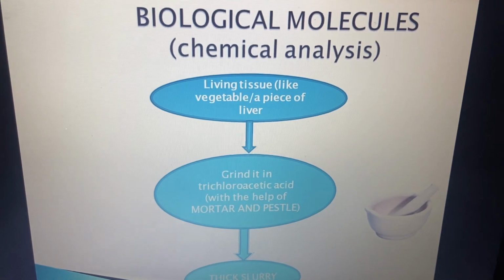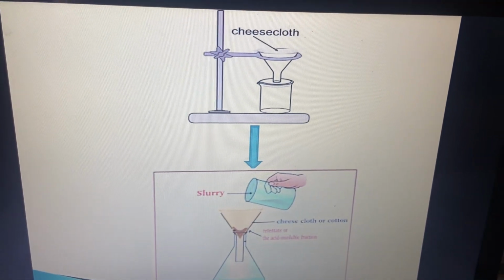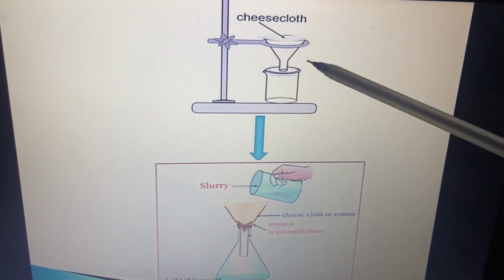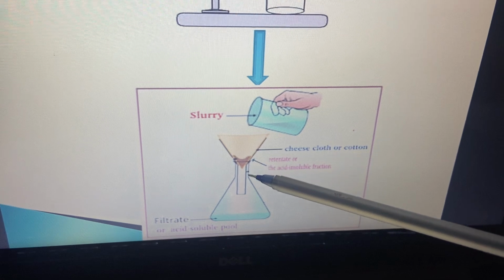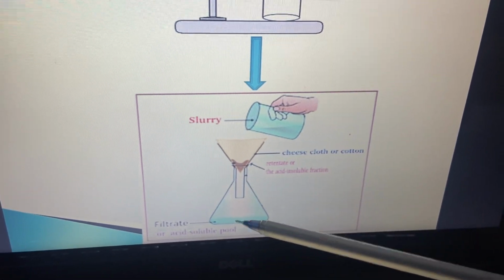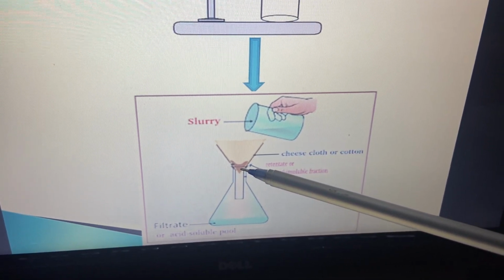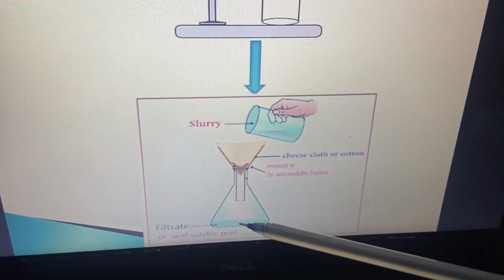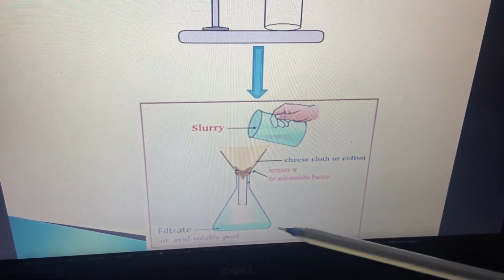We took this thick slurry and filtered it through cheesecloth, and after filtration we obtained two fractions. First was the retentate and second was the filtrate. The retentate is also known as the acid insoluble fraction, and the filtrate is the acid soluble pool.